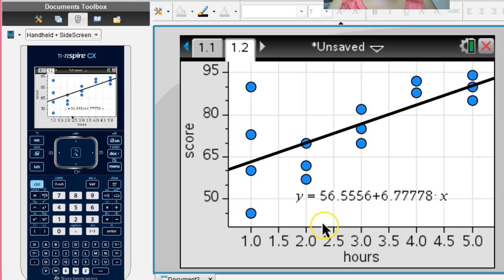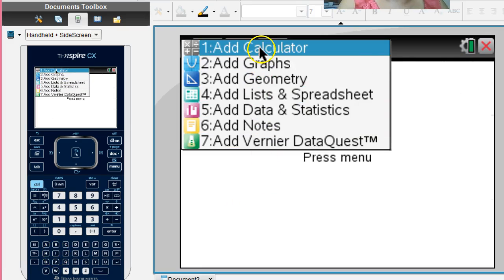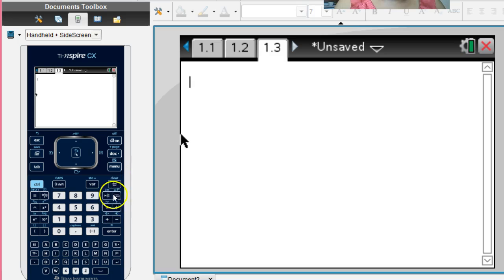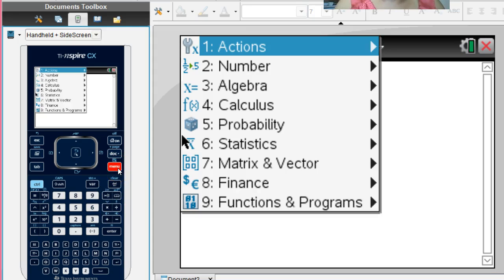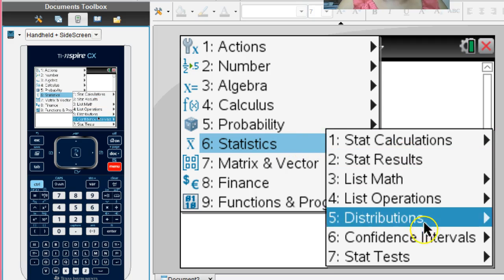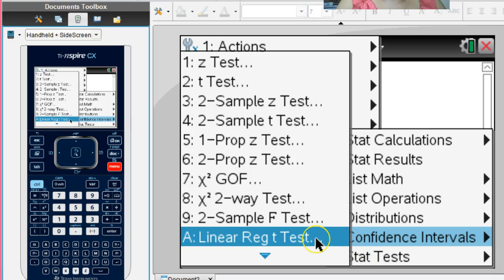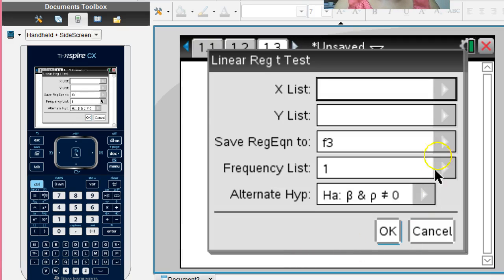So if I wanted to see the correlation coefficient, I would have to add another page. So I'm going to hit Control-I to add a calculations page. And I'm going to hit Menu. I'm going to hit Statistics because correlation coefficient is a statistic. I'm going to do Stat Tests and I'm going to hit Linear Regression t-test.